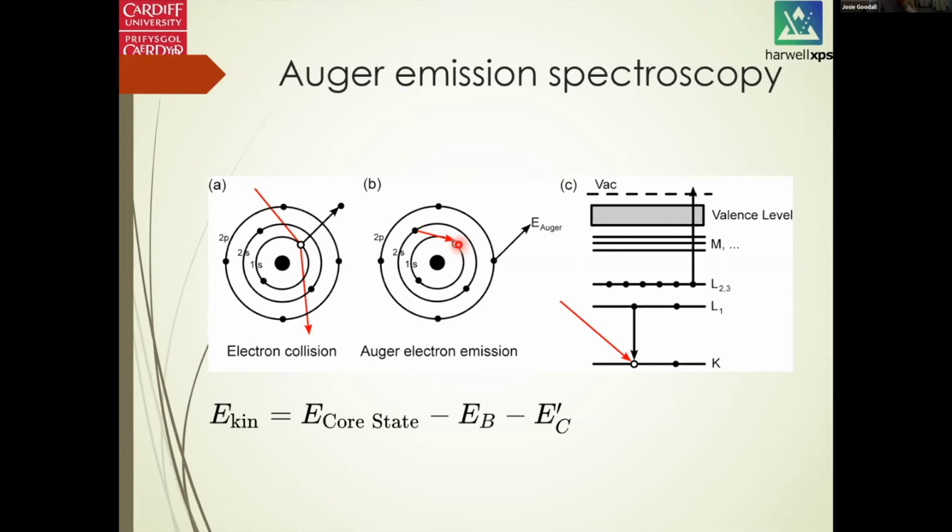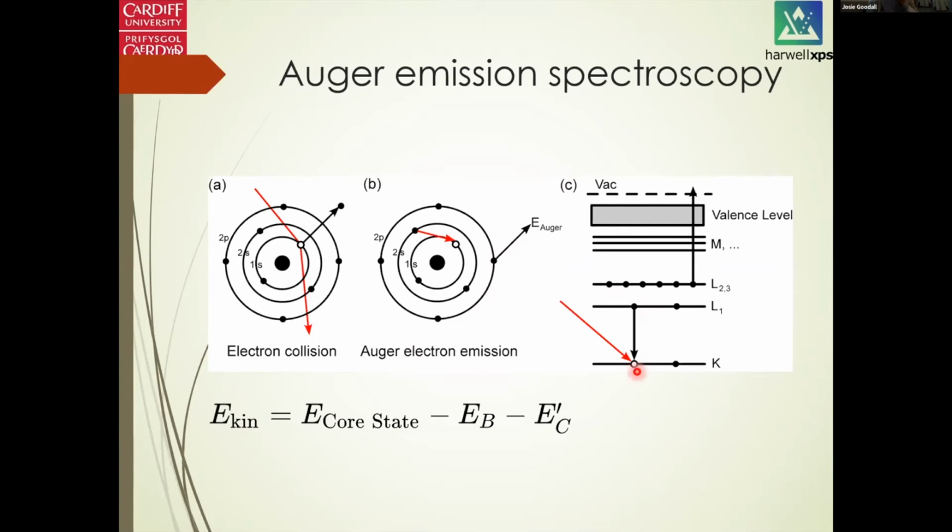If this energy is big enough, it will trigger a third electron from a different orbital to absorb it and escape from the orbital. That's the Auger electron. So it has a kinetic energy independent of the incident radiation energy.